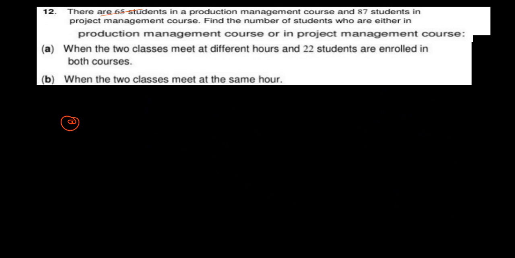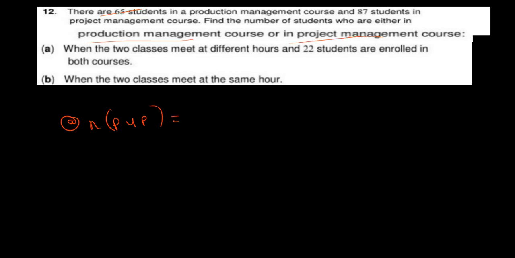Let's say we want to find when 2 students were like that. So we are finding production management course or project management course. So what we are going to do is we are finding the number of project management course or production management. All right, so project management course or production management or project management course, like that.